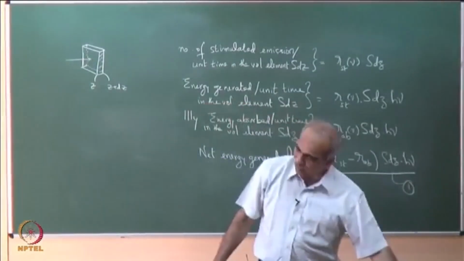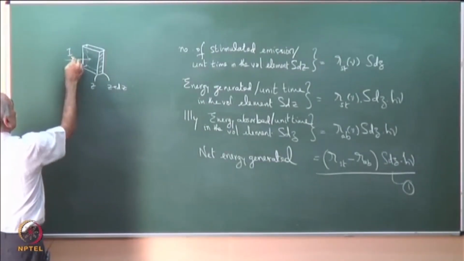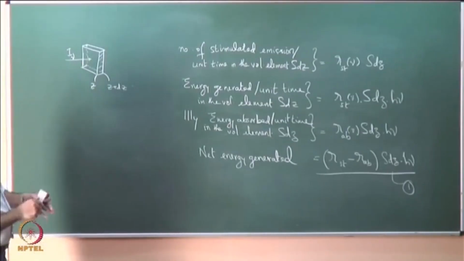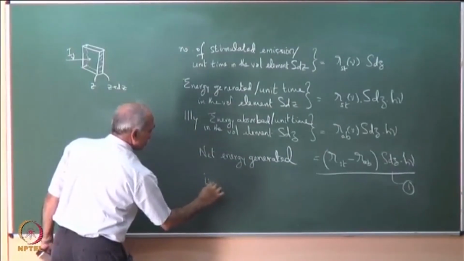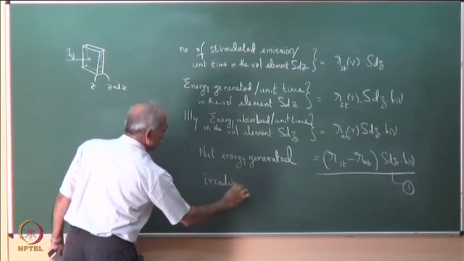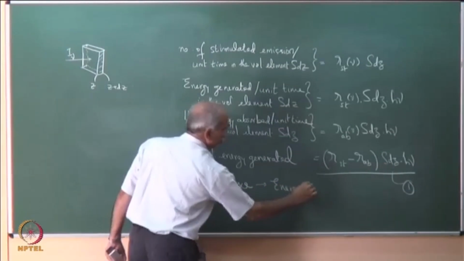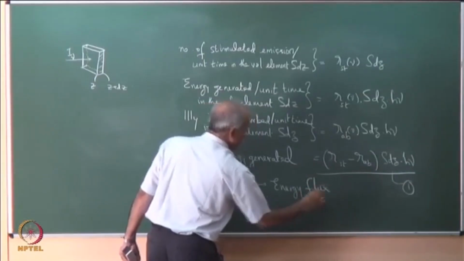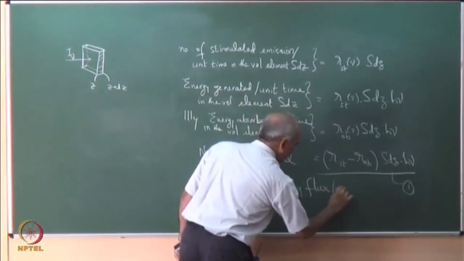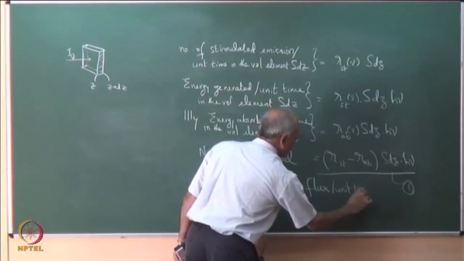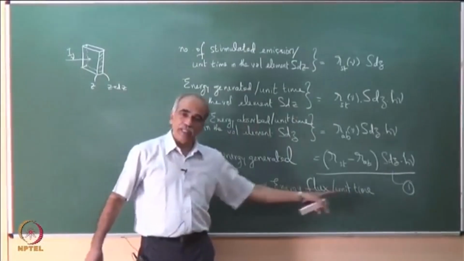I want to relate this energy generated to the intensity. So, I nu is the intensity or irradiance. Irradiance is energy flux, meaning energy per unit area per unit time.